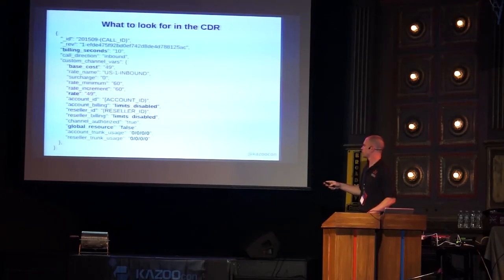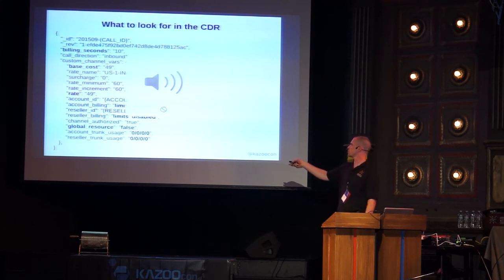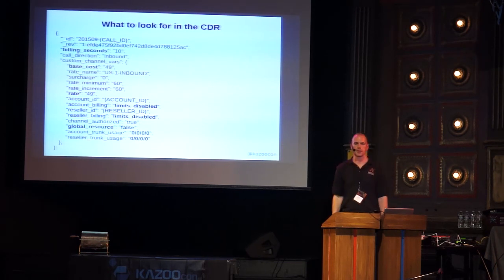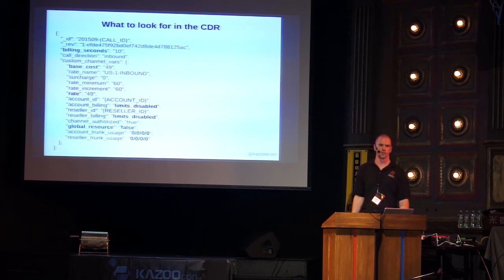I won't go into that, don't worry. Whether it used a global resource, whether the channel was authorized. And then the trunk limits, the inbound, outbound, two-way, and burst that were in effect when this call was processed. So those are some of the keys to look for in your CDRs if you want to do additional billing or run reports.